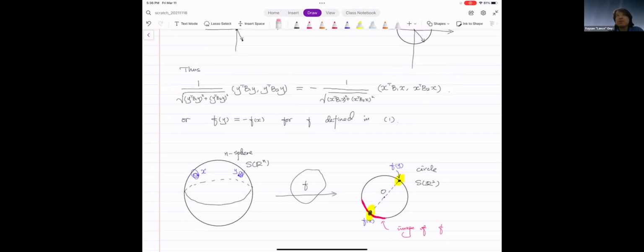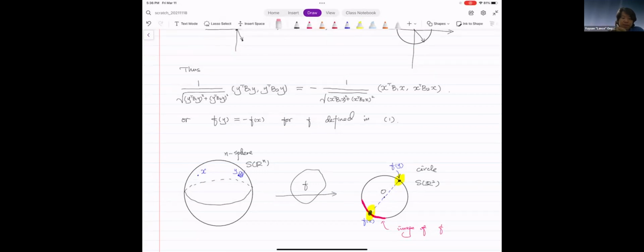Well, in this case, what does that mean? That means the image of F is not going to be a closed circular arc of arc length less than pi. It has to have a length greater than or equal to pi. So we have a contradiction, and then we're done.